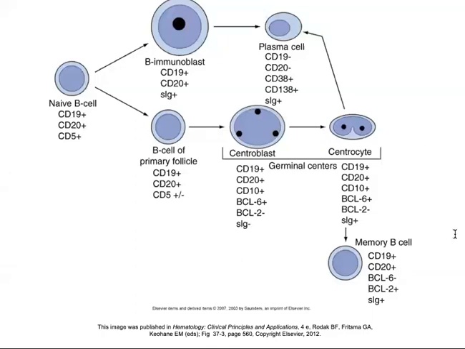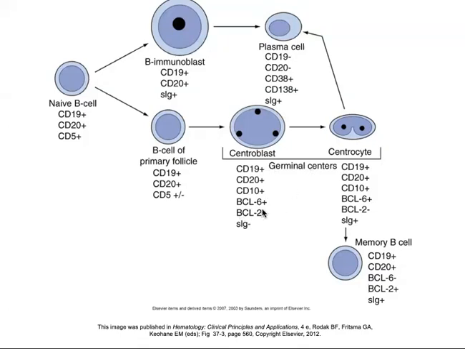Okay, so then as the cell matures, they move towards what's called the marginal centers, okay? And the cells of the marginal centers have specific immunophenotypes. In addition to expressing the B cell markers, they also express germinal center markers, which are CD10, BCL6, and they lack BCL2.